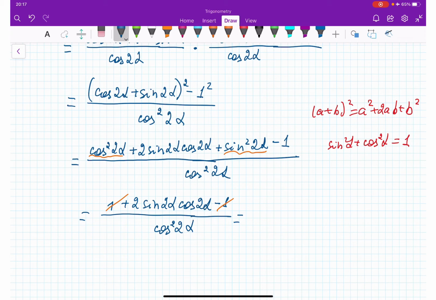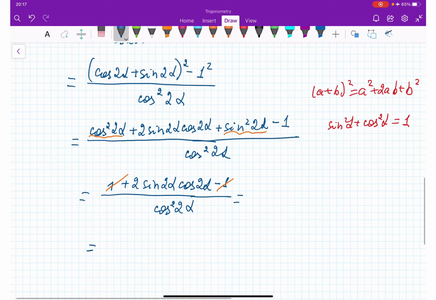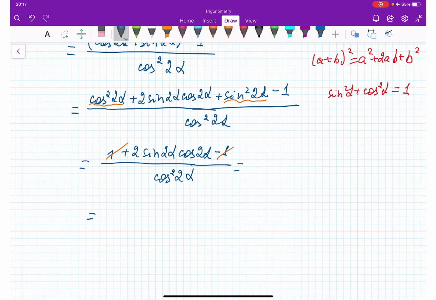We are getting 2 sine alpha divided by cosine alpha, right? Because this cosine alpha is gone with this square. Let me use a different color so you would see this with this, okay?